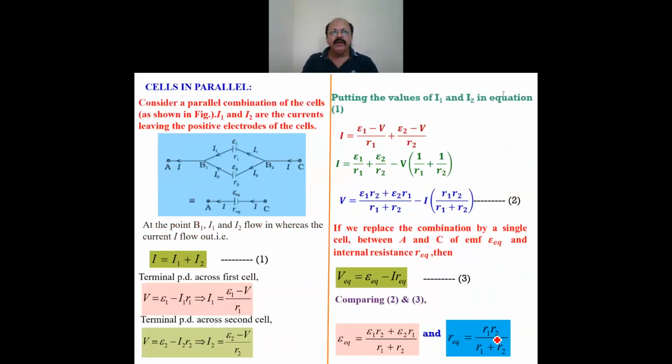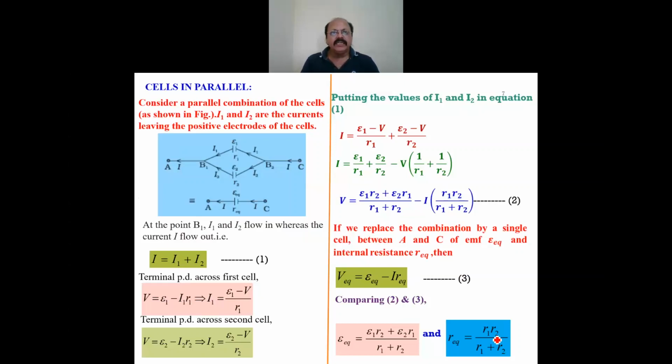Similarly, we can find out the expression for EMF and internal resistance in case cells are connected in parallel. So as you know, in parallel, voltage remains the same, potential difference remains the same. The same condition we have to apply here.